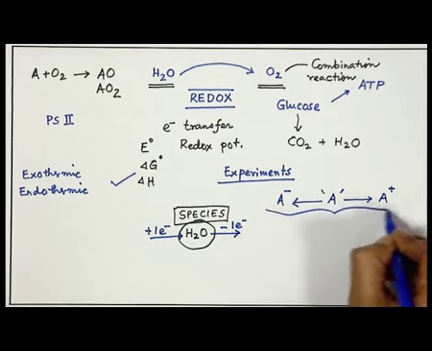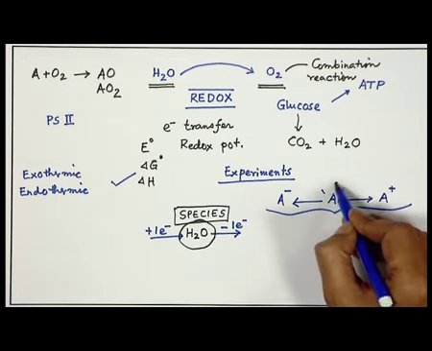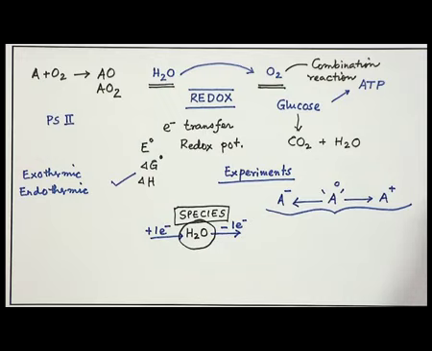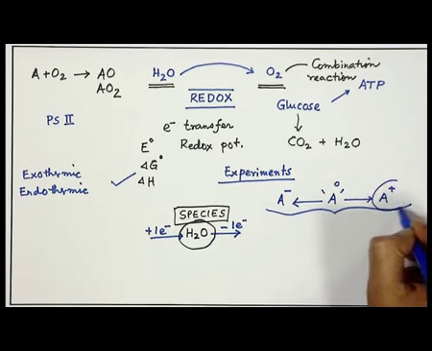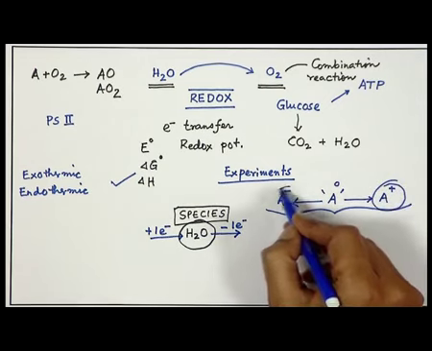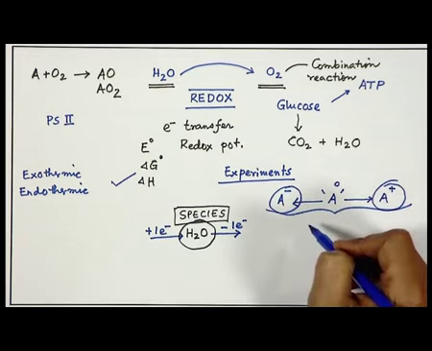Basically, it is the availability of these species, the A which is in the 0 state, or in the native or elemental state, or its corresponding cationic version or anionic version. So, that is very important.